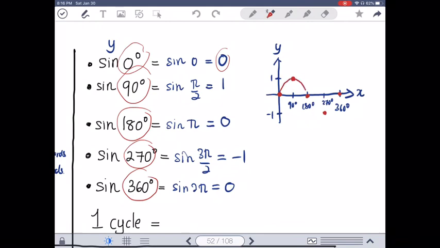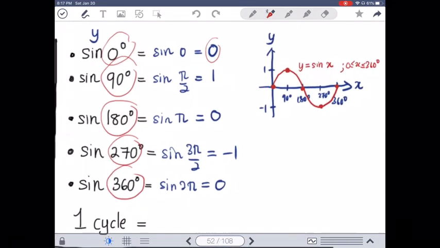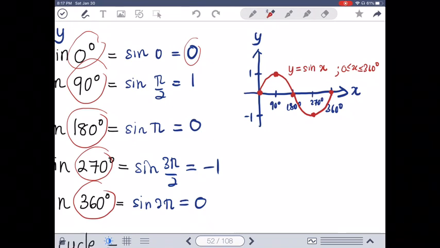Basically, one cycle for the sine graph will look like an S. So this is just the graph of y equals sine x, such that x is from 0 until 360 degrees. The graph can continue and go on like that if we do not limit the x value.